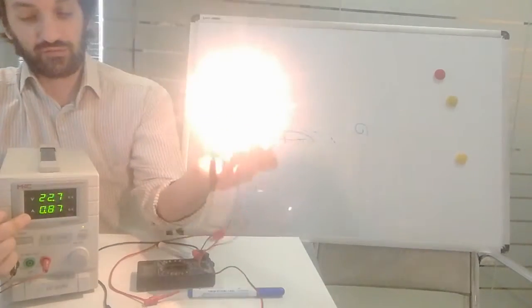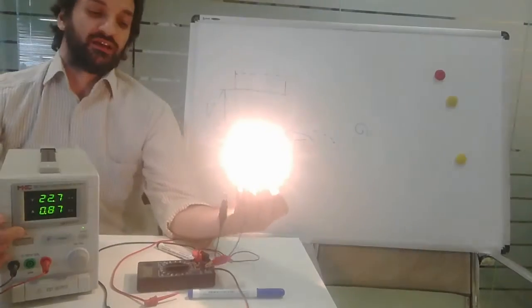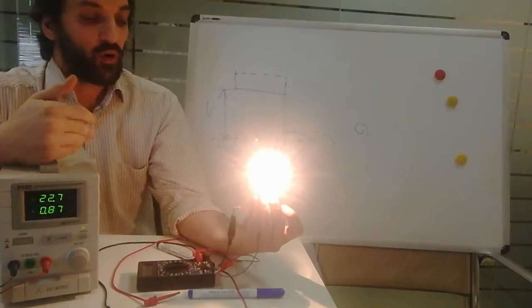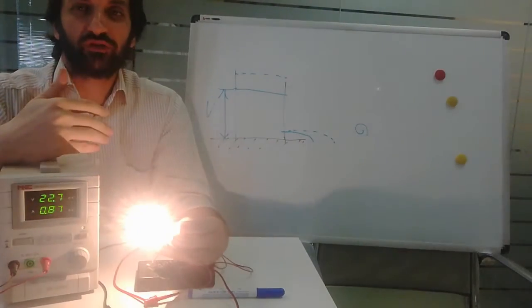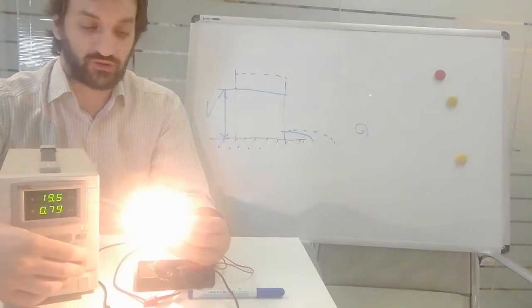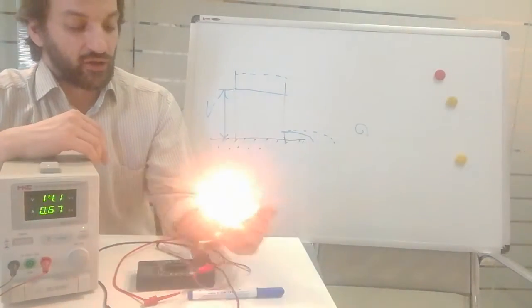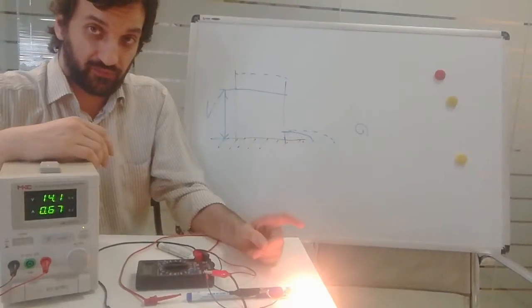And what does it say? 0.87. Okay. So we have almost 1 ampere of current flowing through this circuit, or almost 1 coulomb per second.